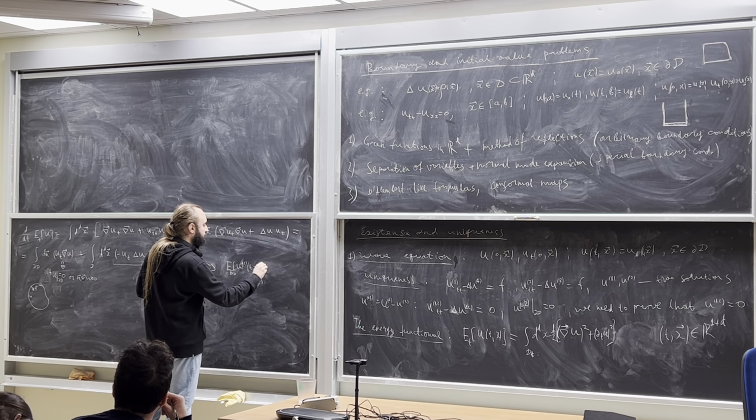And since we know this constant at t equals 0, it equals 0. So we already proved that the solution of the wave equation is unique. So is it fine?